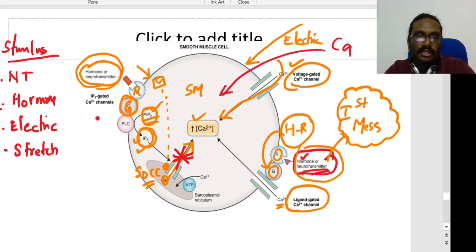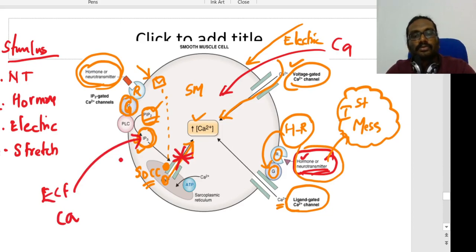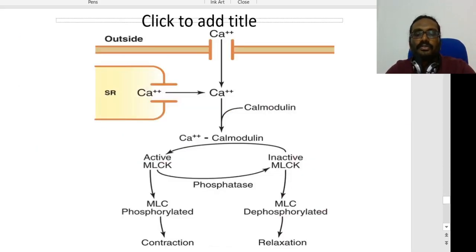So ECF calcium forms a very important part. Now after this, how does the muscle contract? The mechanism is a little different from those mechanisms that you find in cardiac muscle and skeletal muscle.